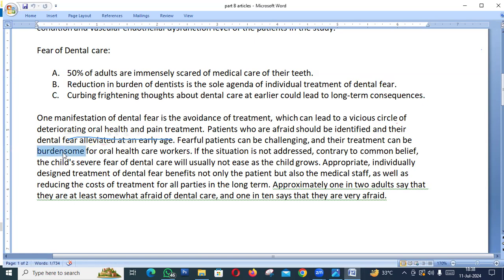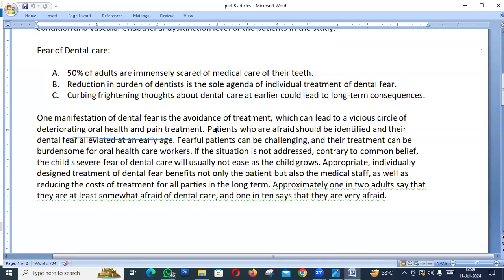But it's not mentioned as the agenda of individual treatment of dental fear. There is a mention, but reduction in burden of dentists as the sole agenda is not mentioned clearly. B option is wrong, but you people don't know why it is wrong.